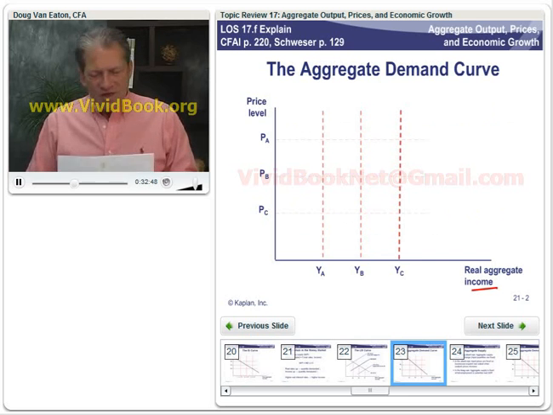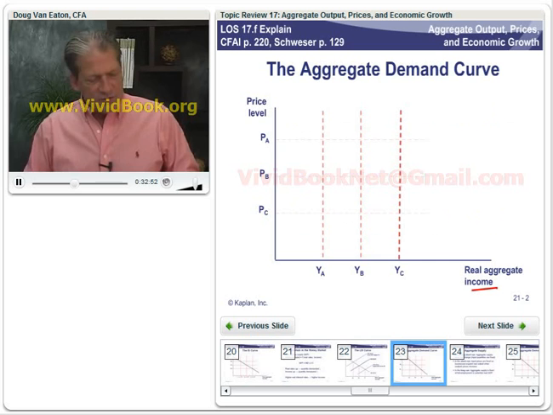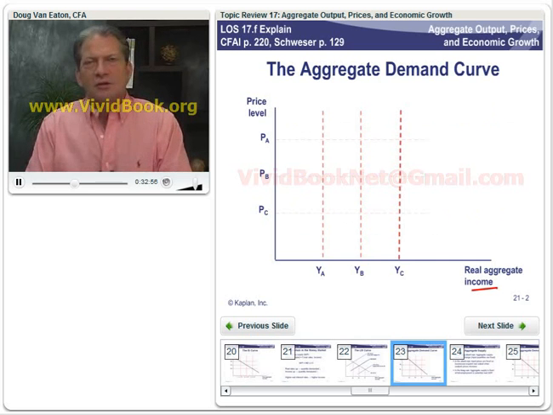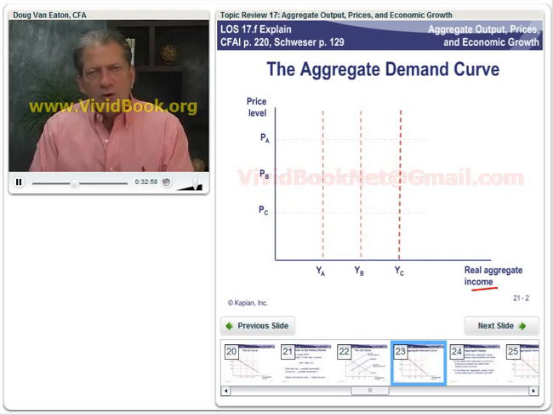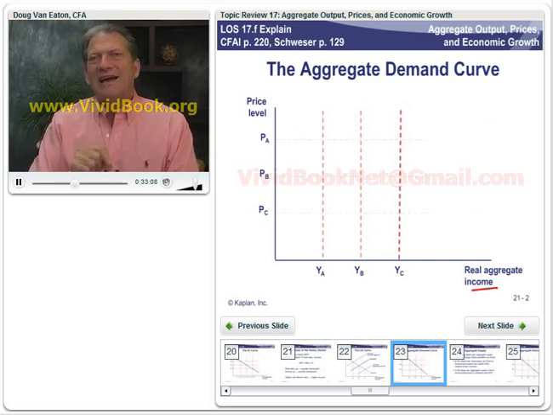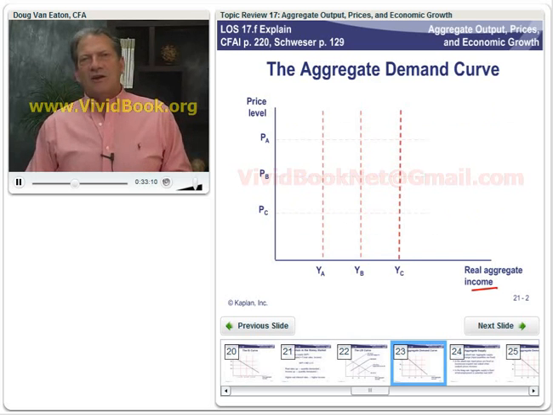So that is a long way around. I don't want you to get too confused about that IS-LM. If you can remember so far, the IS curve shows the equilibria in the goods market. We can draw an LM curve for each level of the real money supply, plot out some points, and those points are the aggregate demand curve that shows the relationship between the price level and real aggregate income.